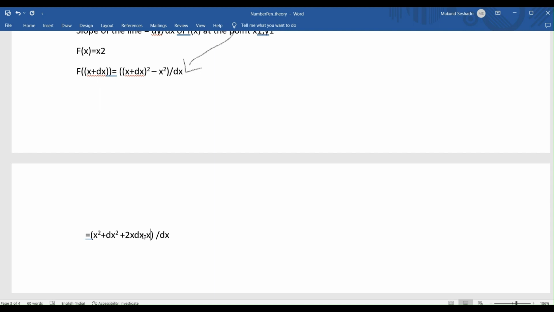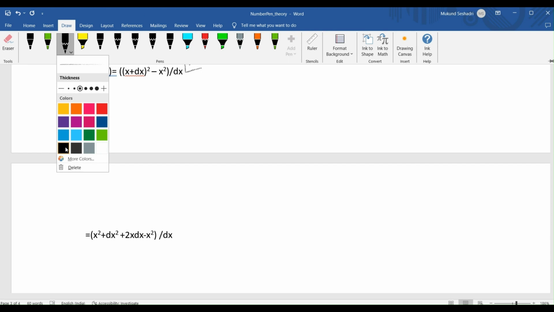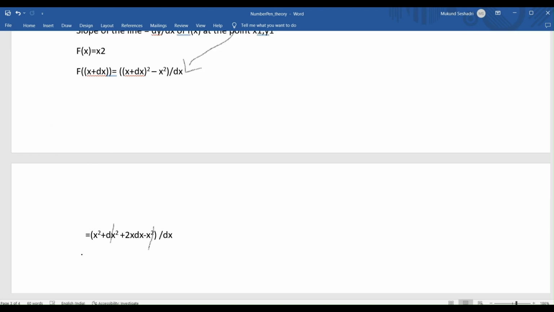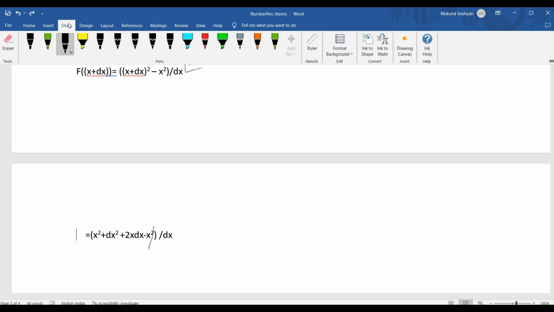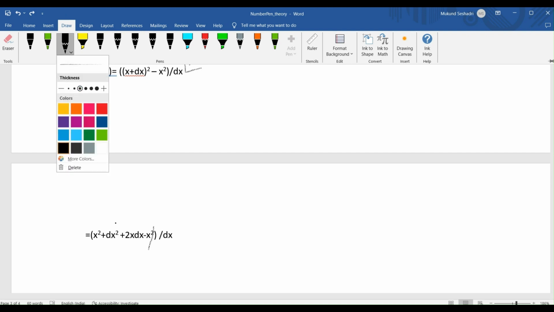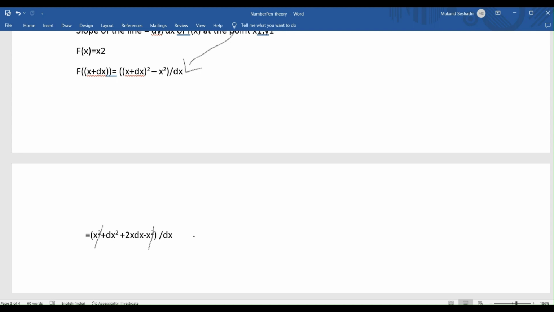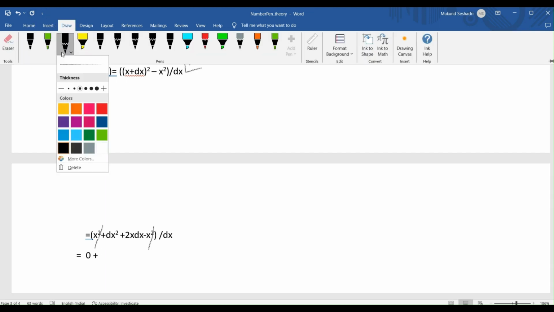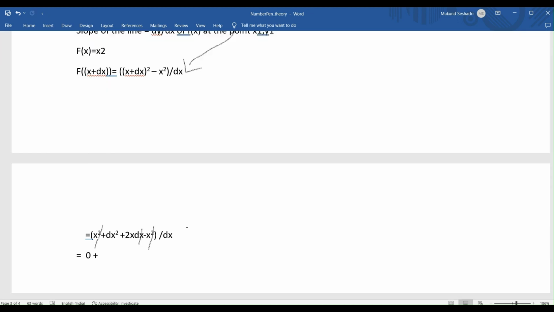So your x square and x square cancel out. Since dx is infinitesimally small, dx square becomes 0, and you are left with 0 plus 2x dx divided by dx. So this dx and dx get cancelled, and you're left with 2x.